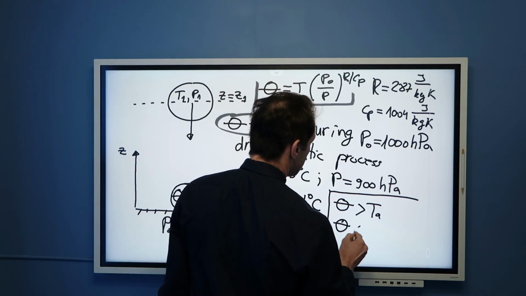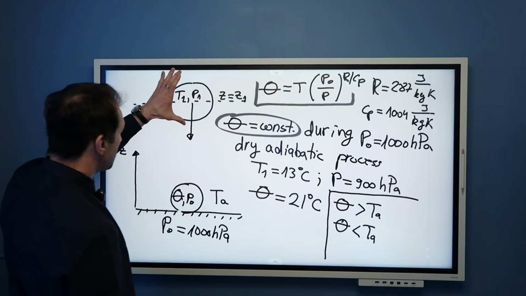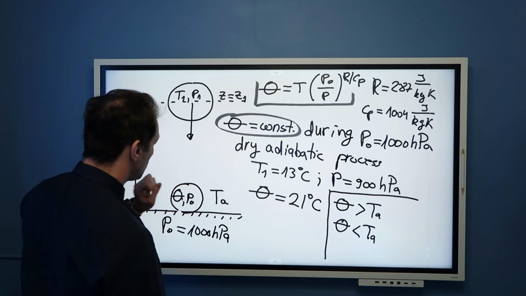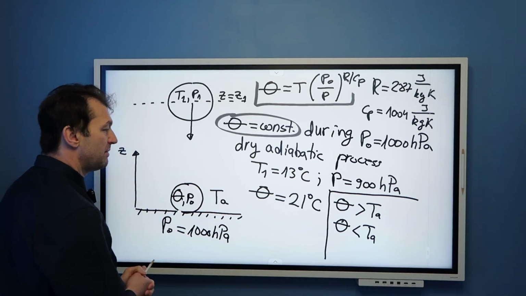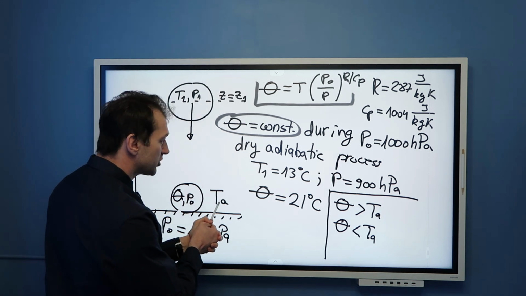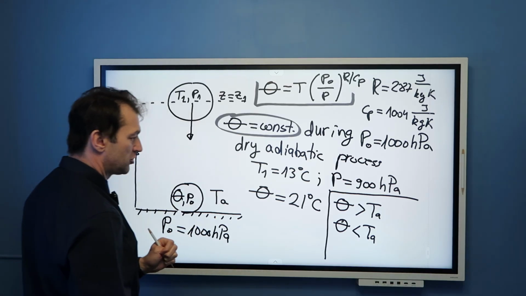How about if theta is below TA? If I take a parcel of air, I compress it, I bring it to the Earth's surface, it compresses, it increases temperature, but still the temperature of this parcel of air is lower than the ambient temperature of the atmosphere.